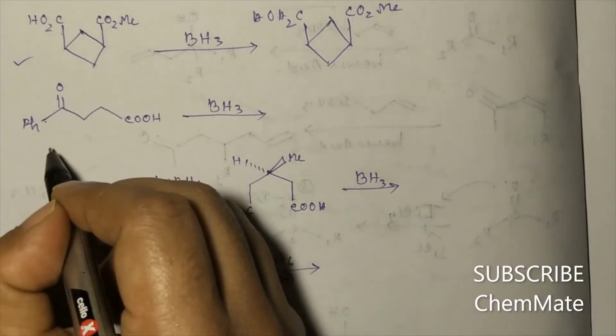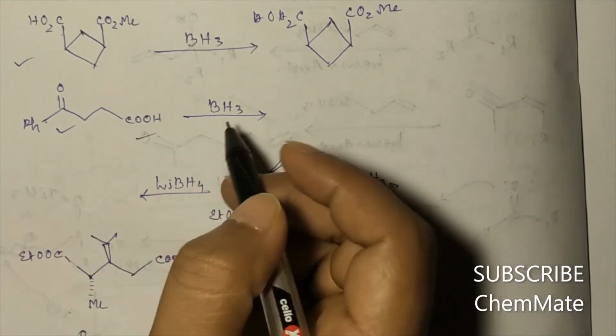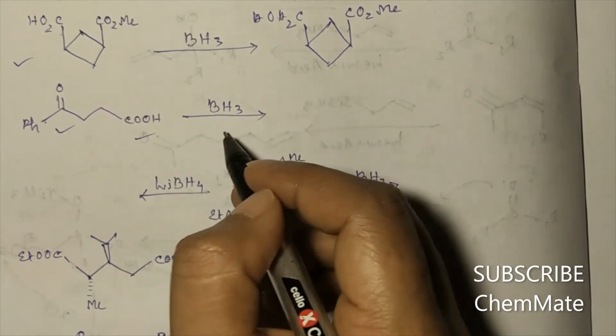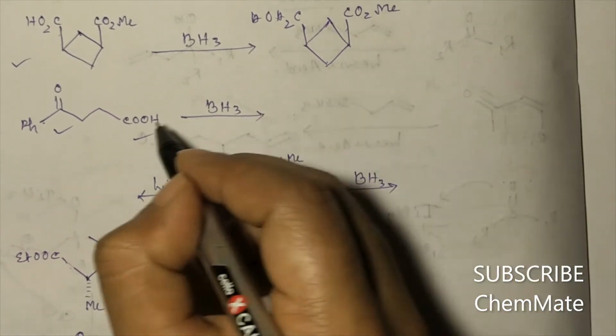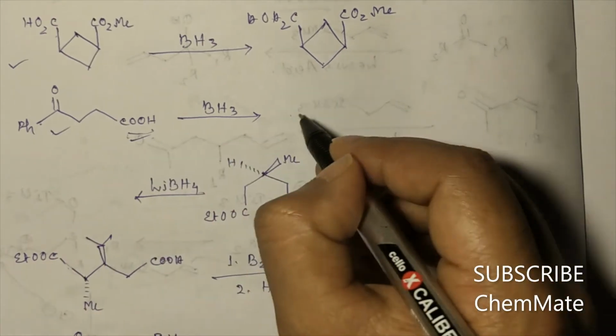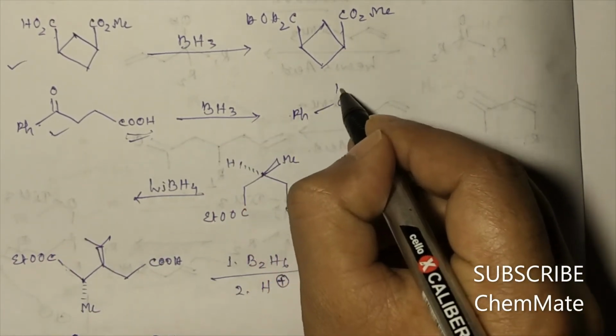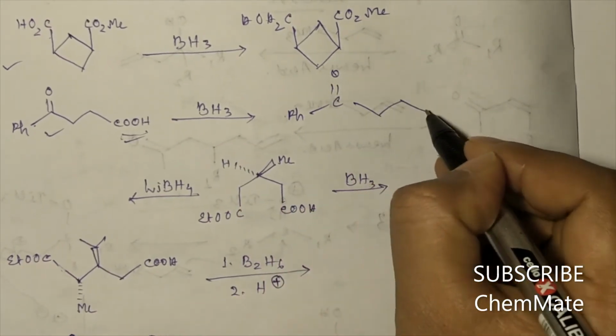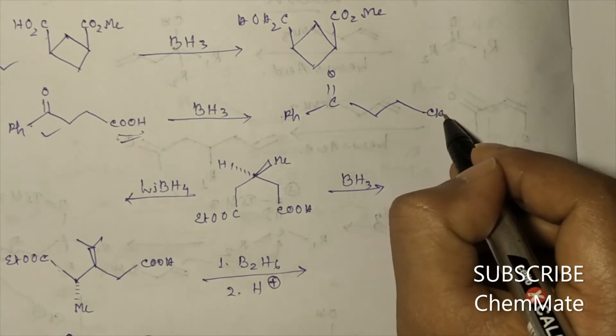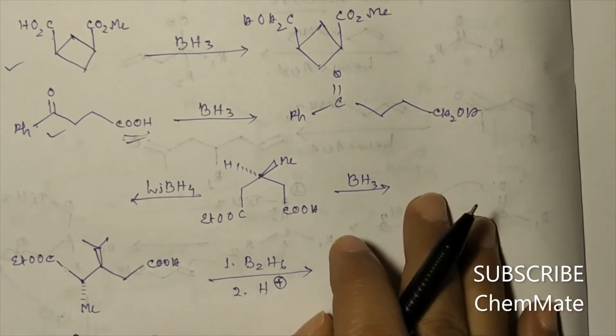Another question, here is a keto group and here is a carboxylic acid group. So if it is treated with BH3, it will be reduced to CH2OH. So this will be the product.